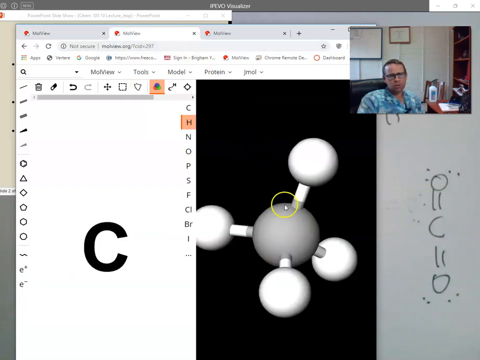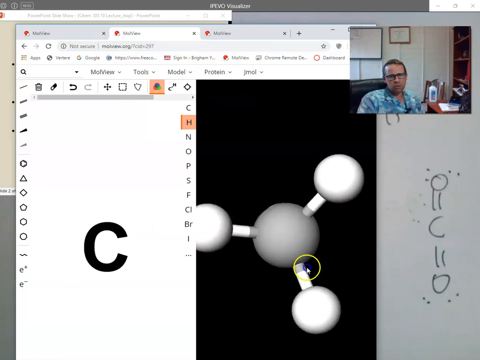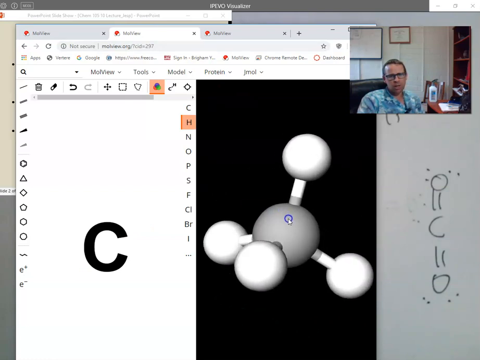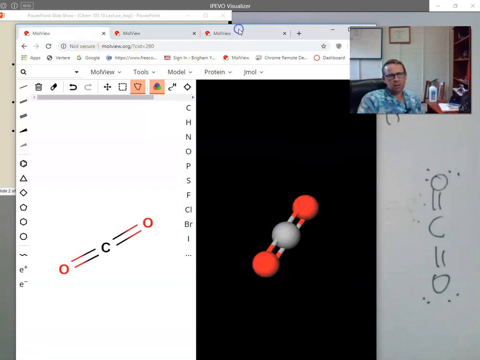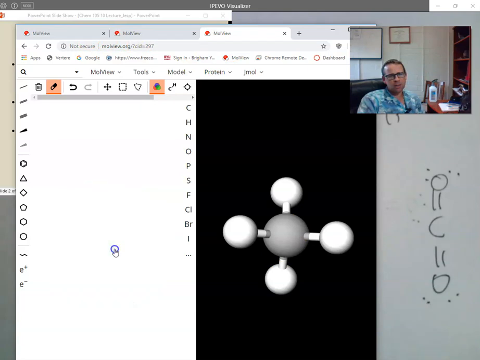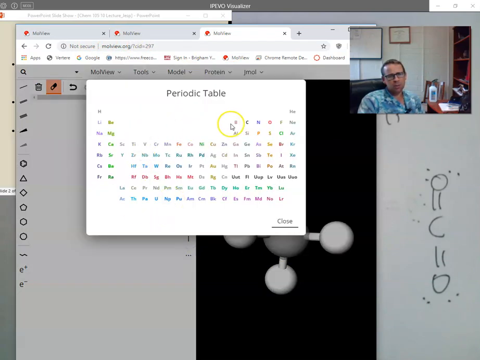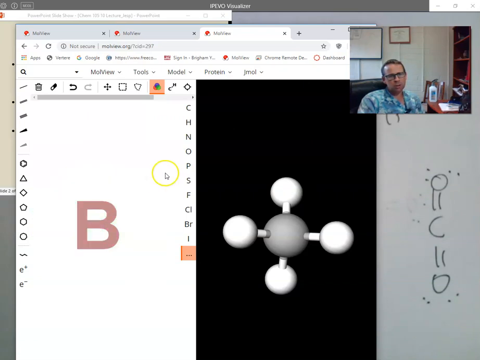Okay? So our CH4 here has 109.5 degrees as the angle between the hydrogens. Carbon dioxide has 180. All right. If we look at something like, let me make another molecule here, boron here in the middle.